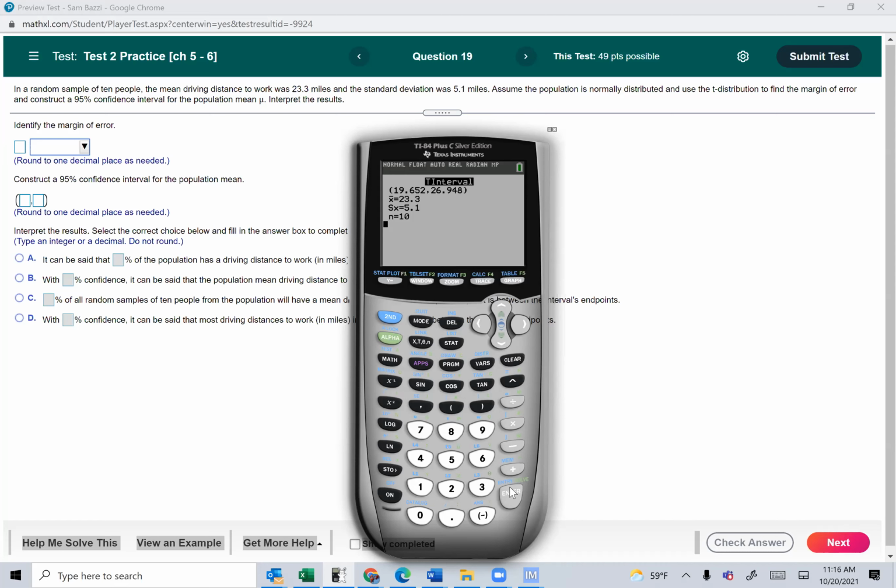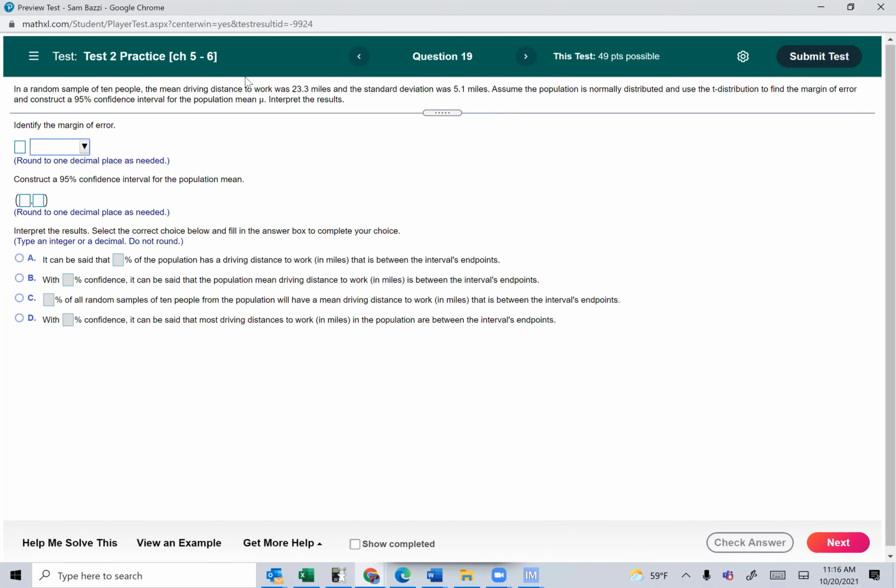Another way, guys, to find the margin of error is to use the formula. But if you want to use technology, I'm showing you how to use technology here.